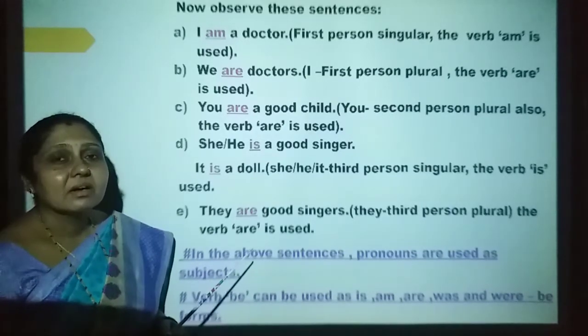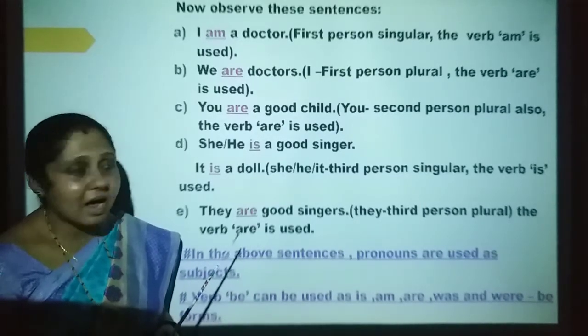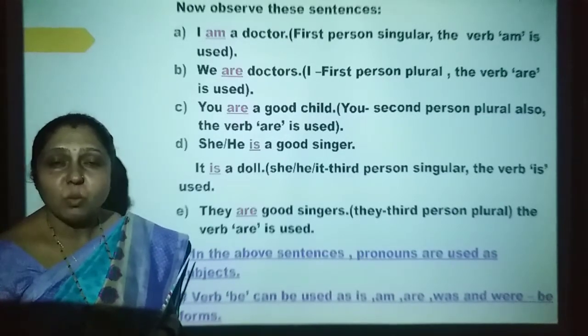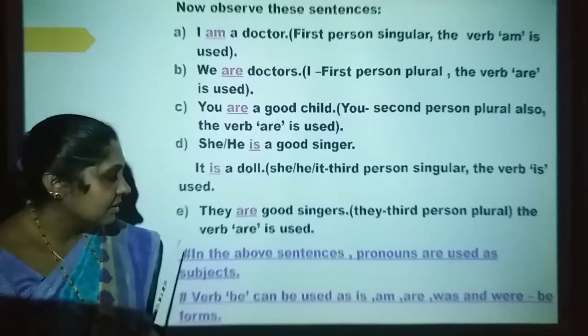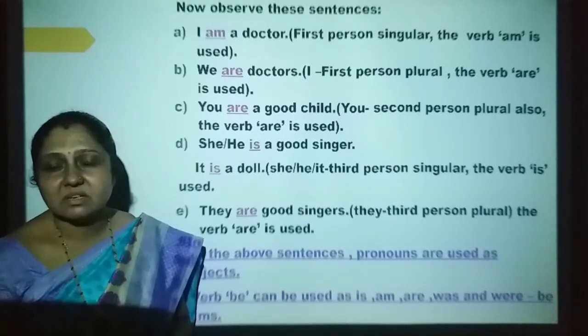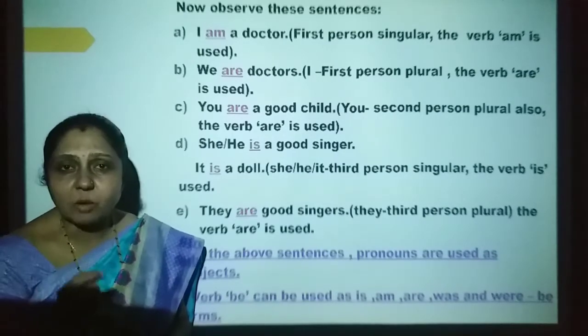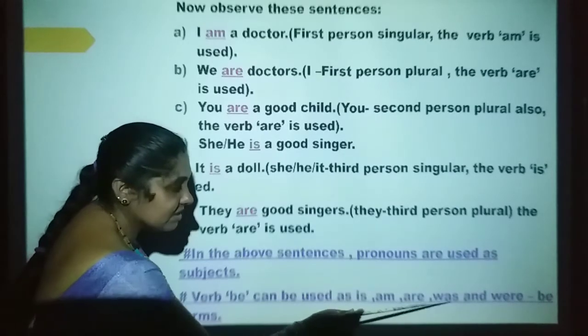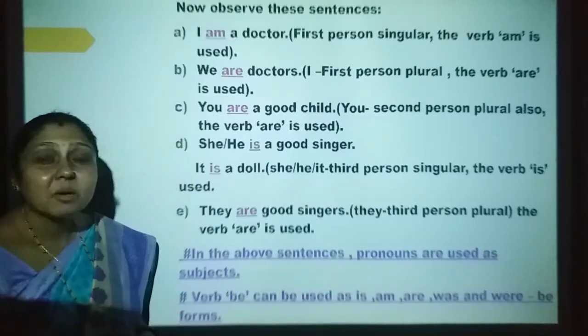And one more thing here, is, am, are, or when it comes to past tense, was, were, all these things are called be forms. So, all these usages, is, am, are, was and were, are called be forms.